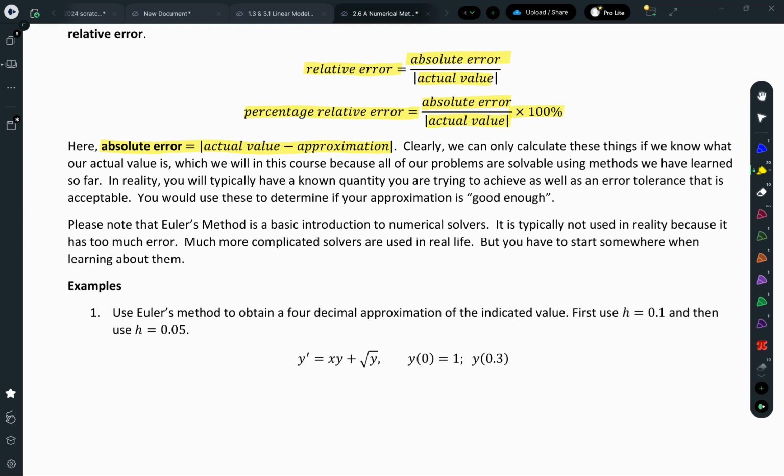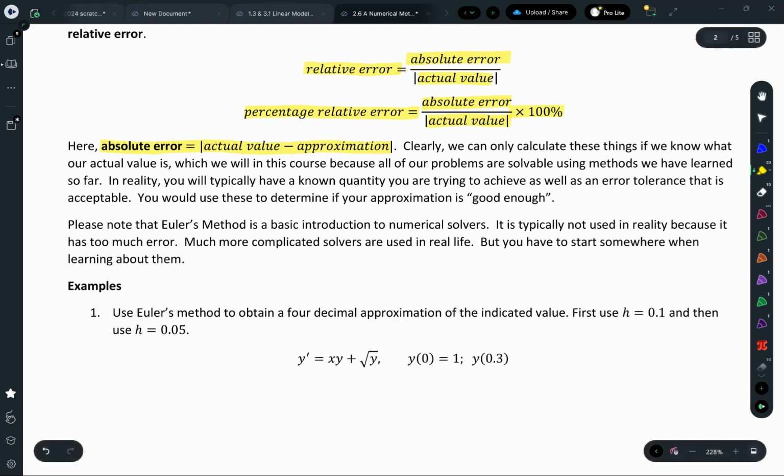Okay, so we're going to do 2 examples, and it's going to be a lot of writing, despite the fact it's just 2 examples. And so we're being asked to use Euler's method to obtain a 4-decimal approximation of the indicated value. First, use h equal to 0.1, and then use h equal to 0.05.